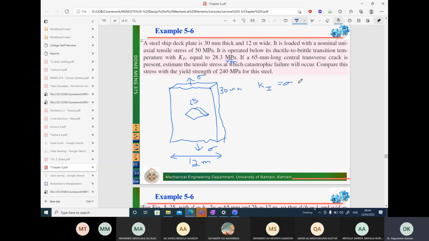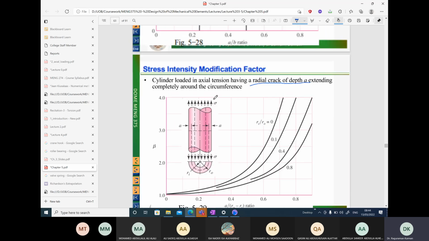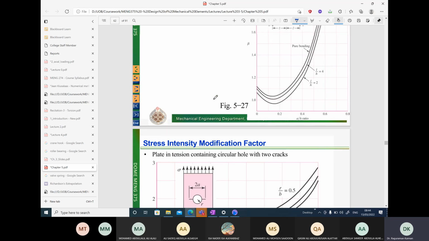We are given sigma root pi A is the formula. We also have to multiply with the factor beta over here. So for the centrally present crack, we have to go back to one of the graphs provided here in the plate.